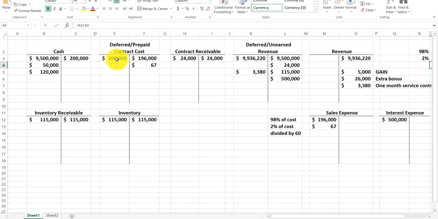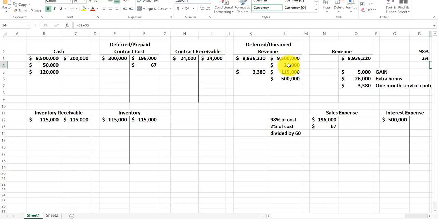But when there is a cost that is only for this contract, and you're going to defer the revenue under the revenue recognition guidelines, you also must defer the cost, meaning put it as an asset or prepaid because you've paid it, but not record it as an expense until the time in which you record the revenue. So we record the $9.5 million.